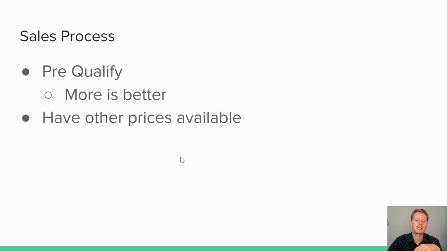That's critical, because if you don't have other prices available, if you don't have other competitors' information alongside yours during the actual consultation, people are a lot more likely to price shop you. People want to know that they're getting a deal. They want to know that you're the best fit for them.